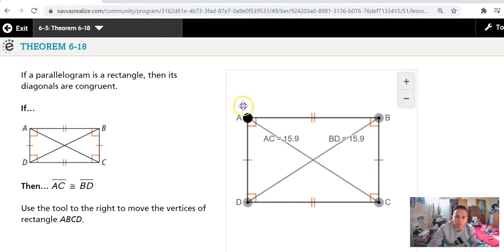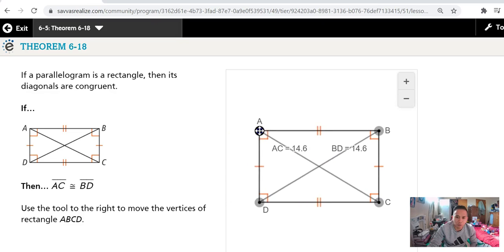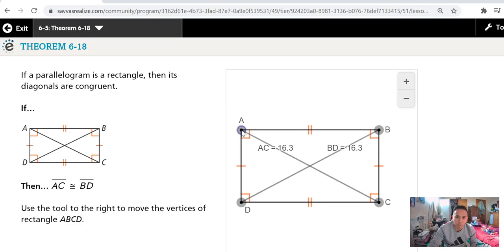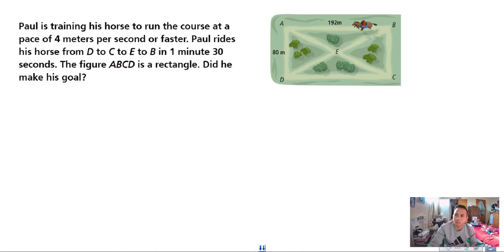Every time I move this, as you can see, your AC and BD, those are your diagonals, will always be congruent. Remember that the diagonals in rectangles are congruent. That is a theorem, and it's proven.